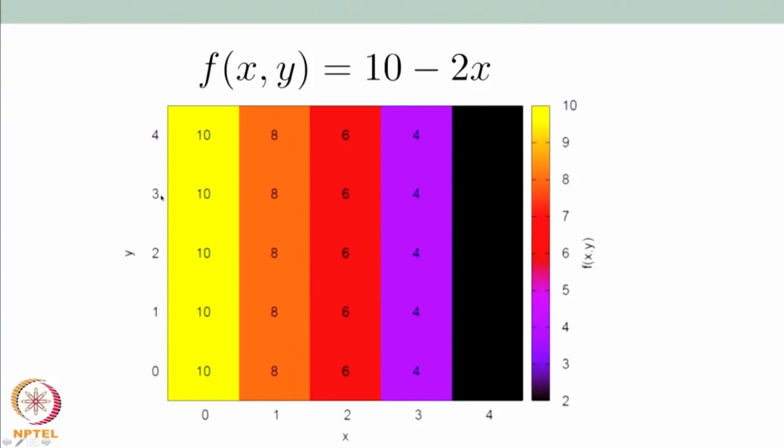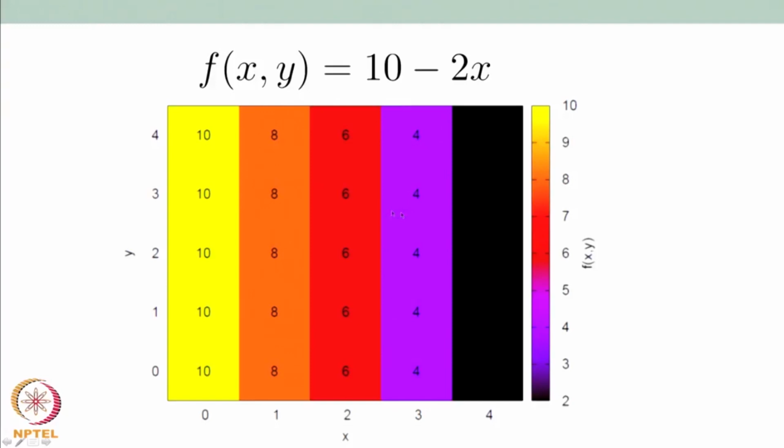Even if y is 3, y is 4, even if y is 1, everywhere it is 8. When x is 2, 10 minus 2 times 2 is 6. So this is red color, corresponding to 6. Again, it is independent of y.